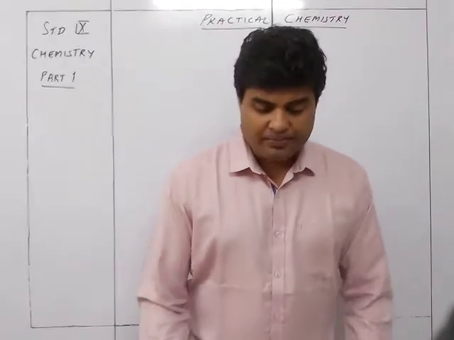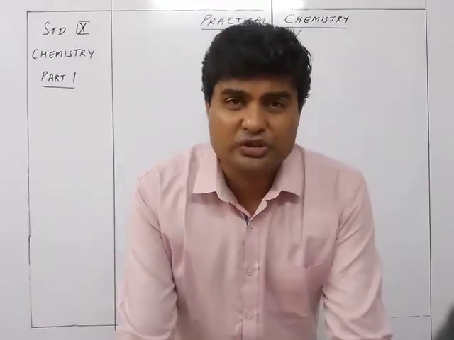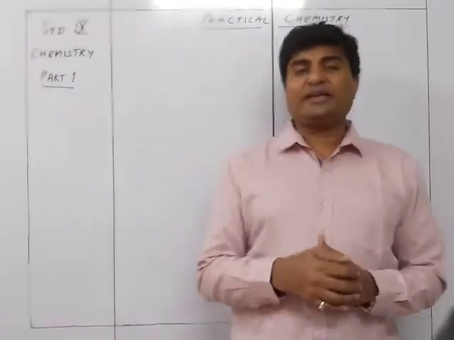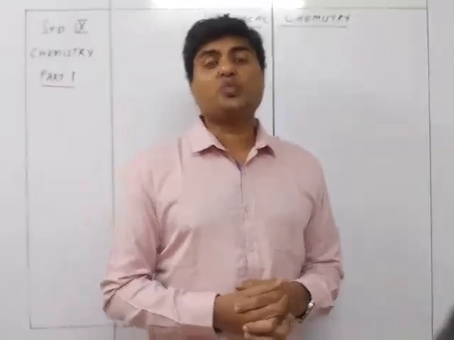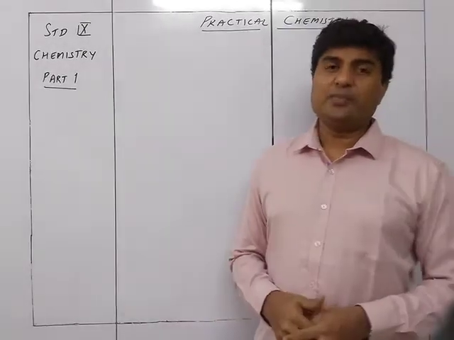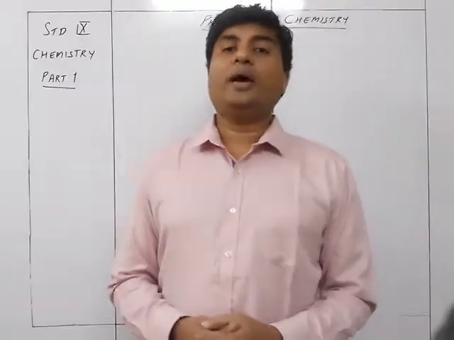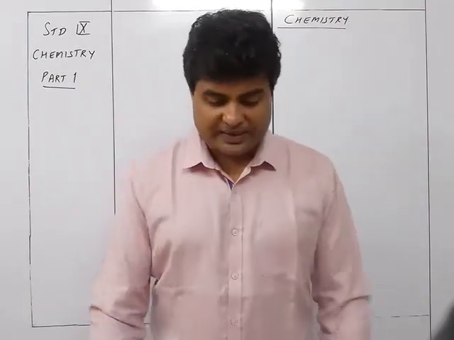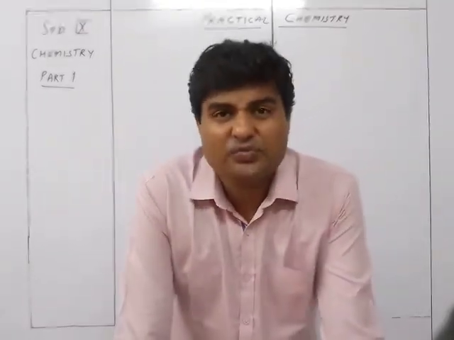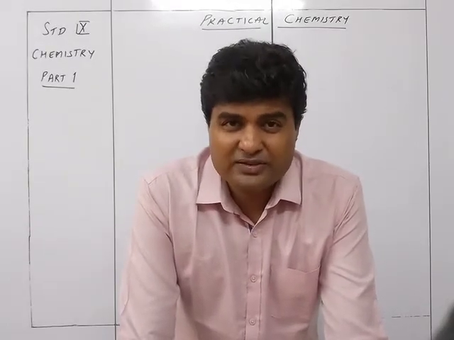When you bring a glass rod dipped in ammonia solution near the HCl, it will give you dense white fumes of NH4Cl, which is ammonium chloride. Dense white fumes are seen when ammonia comes in contact with HCl. So that becomes a test for HCl and also for ammonia in a way.